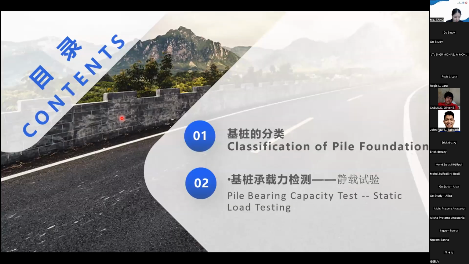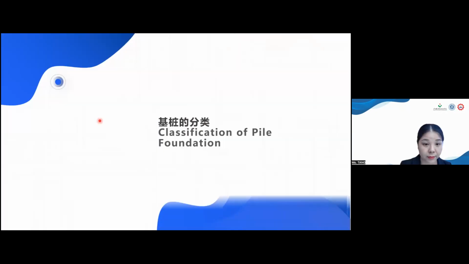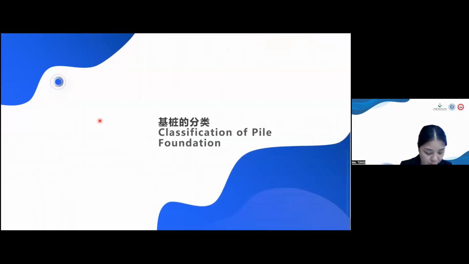My report will be given in 2 parts. Part 1, classification of foundation piles. Part 2, pile bearing capacity test, static loading testing. Let's learn the first part, classification of foundation piles.